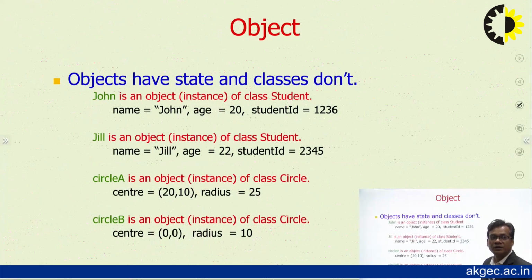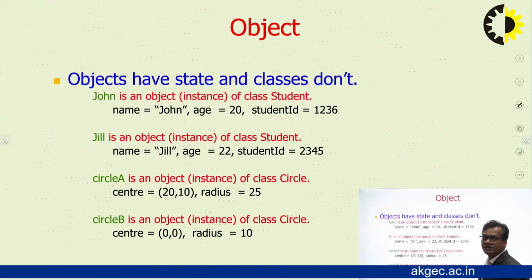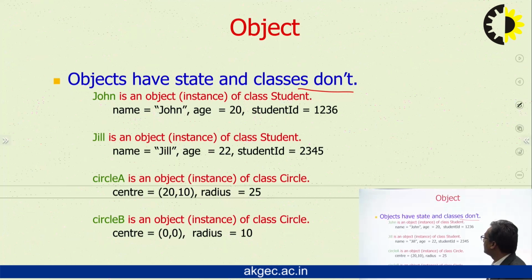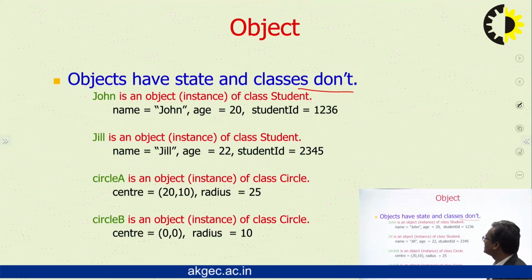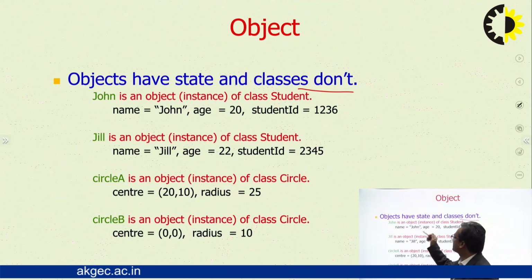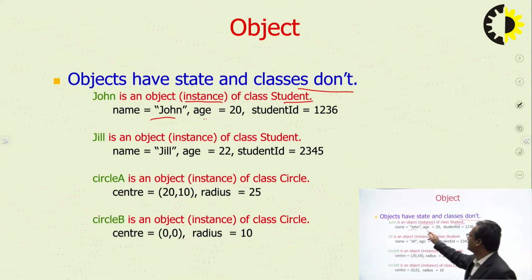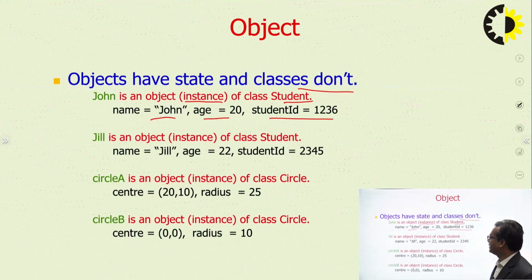How can we define an object? Objects have state and classes don't. There is a difference between an object and a class. An object has state because it's an instance of the class. John is an object, an instance of the class Student. It may have state like John's name, age and student ID.